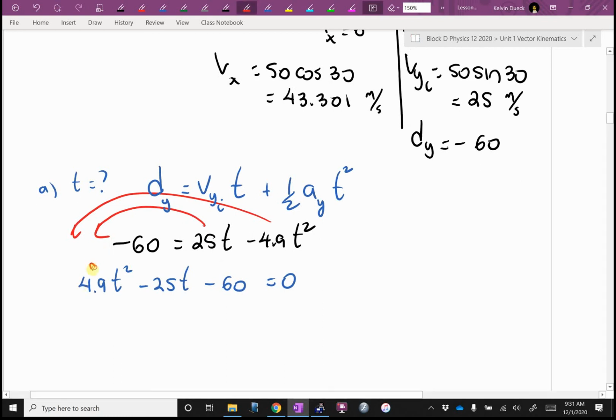I'll put a little A right there, little B right there, little C right there. Normally the quadratic equation is x equals negative b, but since we're solving for t, I'm going to go t equals negative b plus or minus the square root of b squared minus 4ac all over 2a.